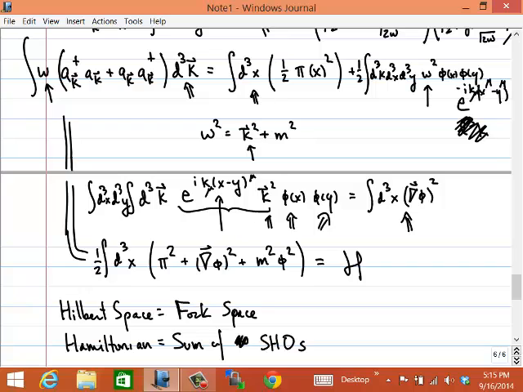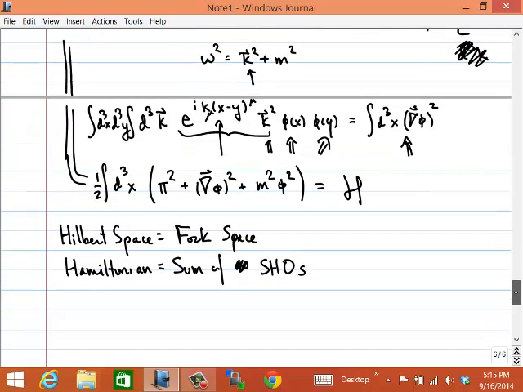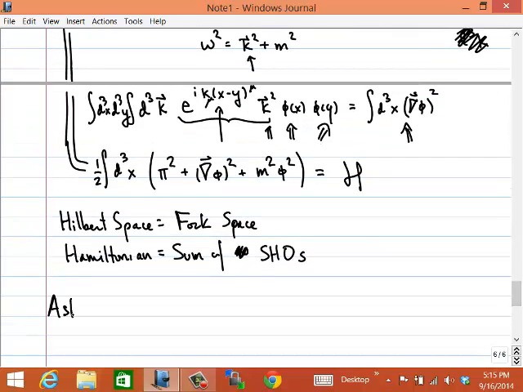The advantage of this approach is that we now understand, at least in principle, in a straightforward way, how to generalize this to more complicated theories. In particular, we could now ask how we could include interactions.